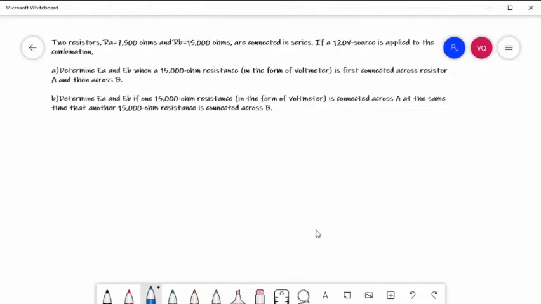Another example. So, two resistors, RA 7,500 ohms and RB is 15,000 ohms, are connected in series.